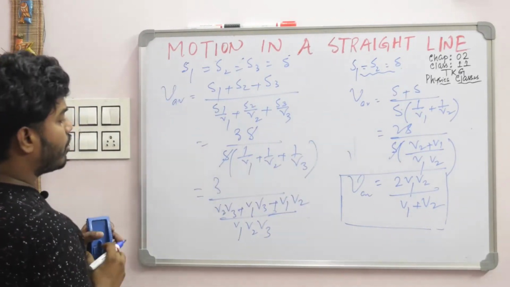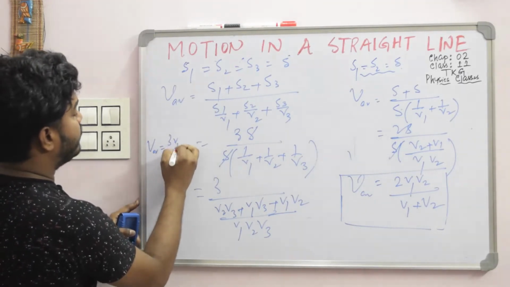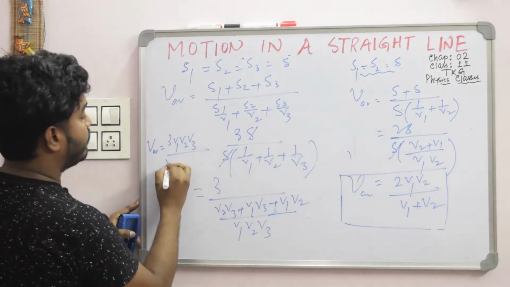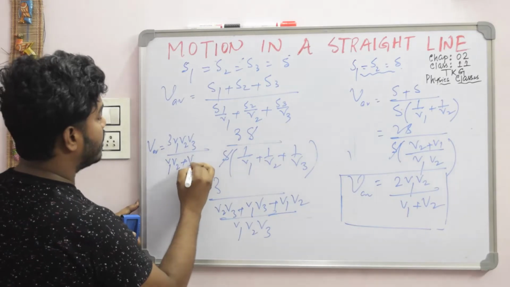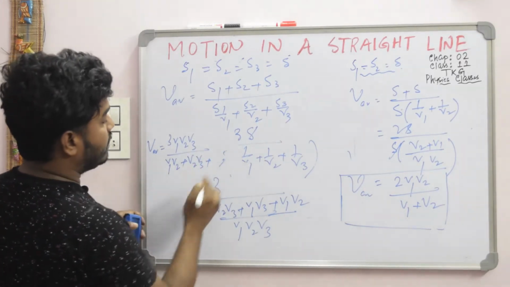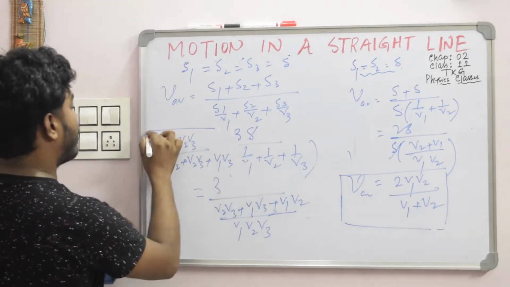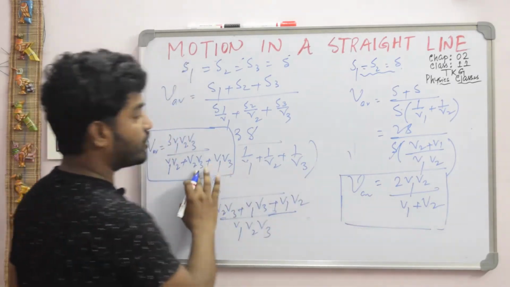The final formula v average will be 3 v1 v2 v3 divided by v1 v2 plus v2 v3 plus v1 v3. So this is the formula for 3 cases. This is for 2, this is for 3.